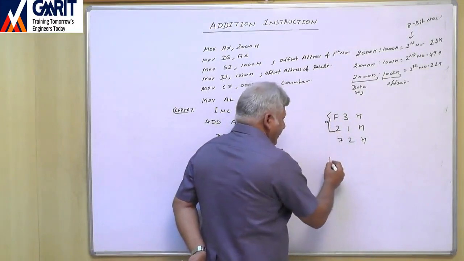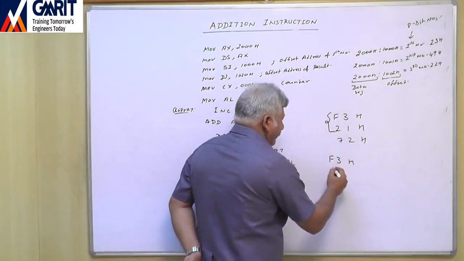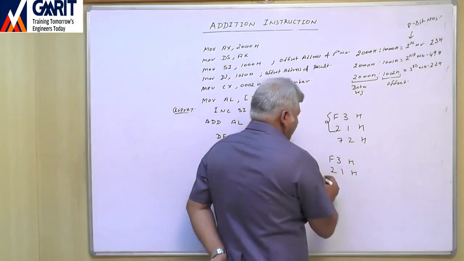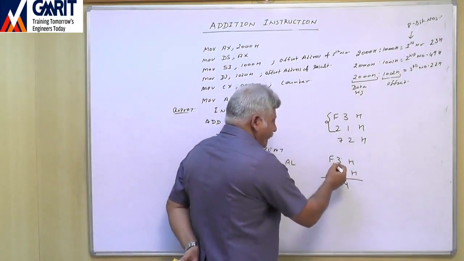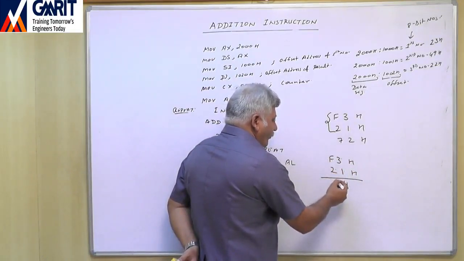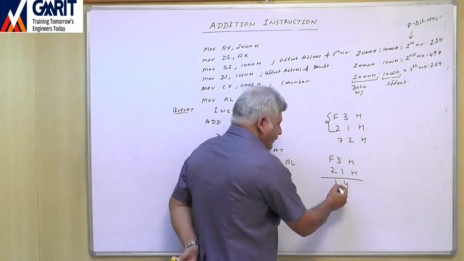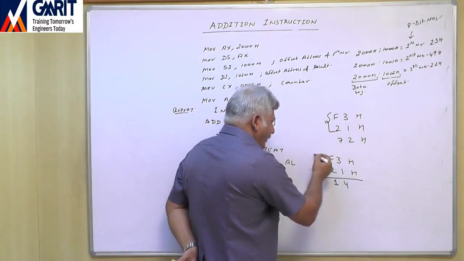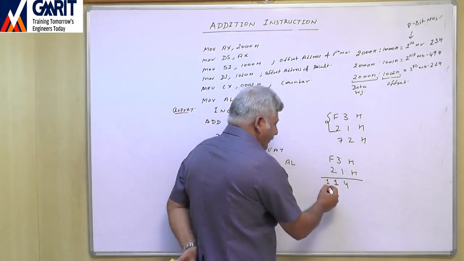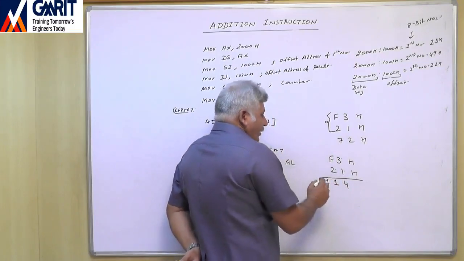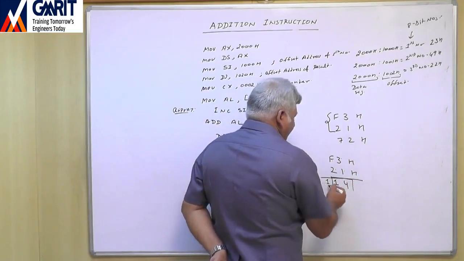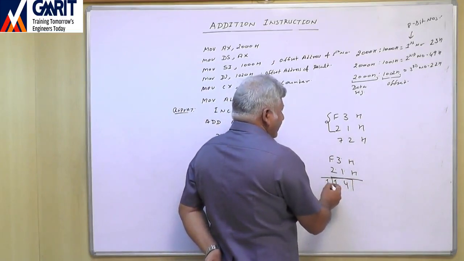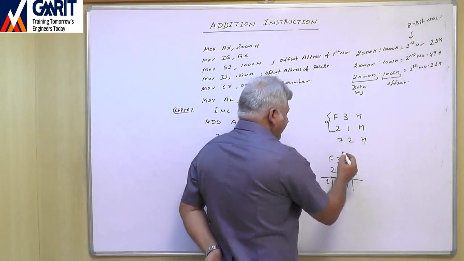First two numbers, add F3 with 21H. 3 plus 1 is 4, F plus 2 is 1, and 1 carry will be generated, right? This is the 8-bit number. And here it is carry. This is the result.